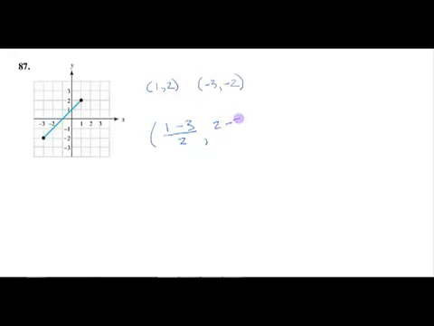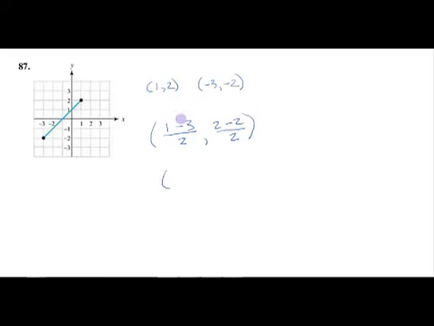Let's find the midpoint here. First, we want to identify the points. We have the point 1, 2, and the point -3, -2. The midpoint formula is to add the x values and divide by 2, and add the y values, divide by 2, and then simplify.